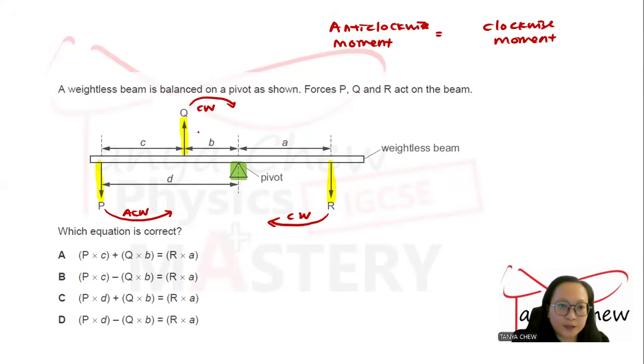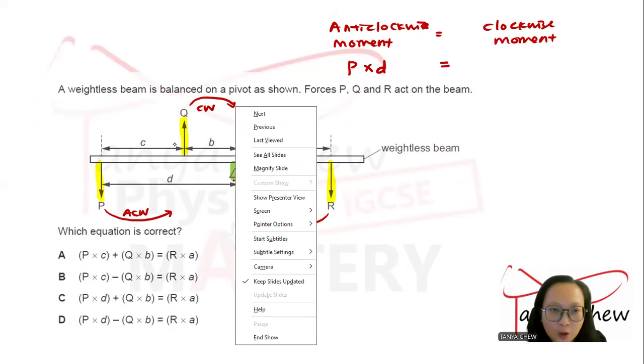So this is anti-clockwise, this is clockwise. So P times distance D is equal to clockwise moment. Okay, this is P and D. This is anti-clockwise.